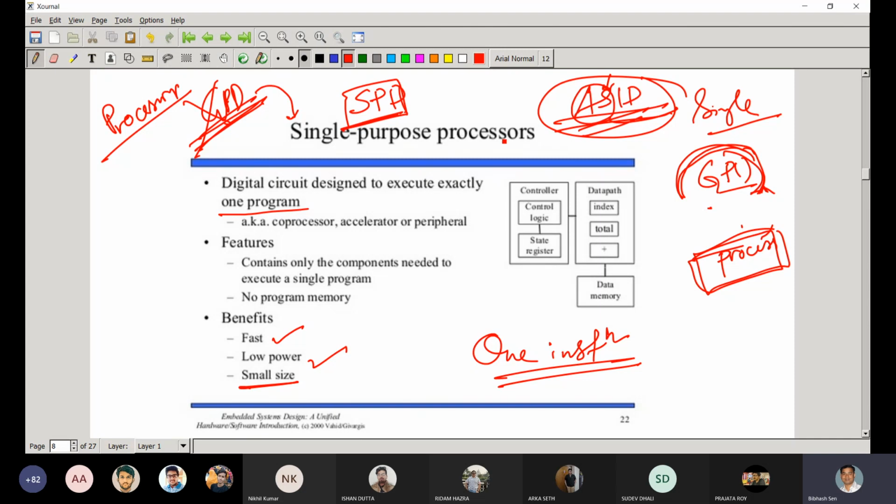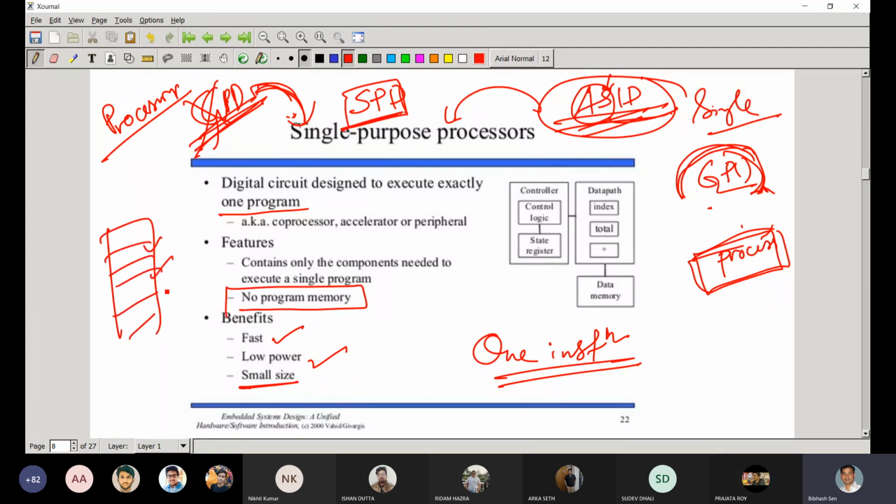That's why I'm telling it looks like SCP, but I am also following the architecture of GPP. Because in a GPP you have multiple tasks, then you should have a program memory which contains multiple tasks. Are you getting my point? Since my purpose here is only one, no such memory is there, it will be hard coded.